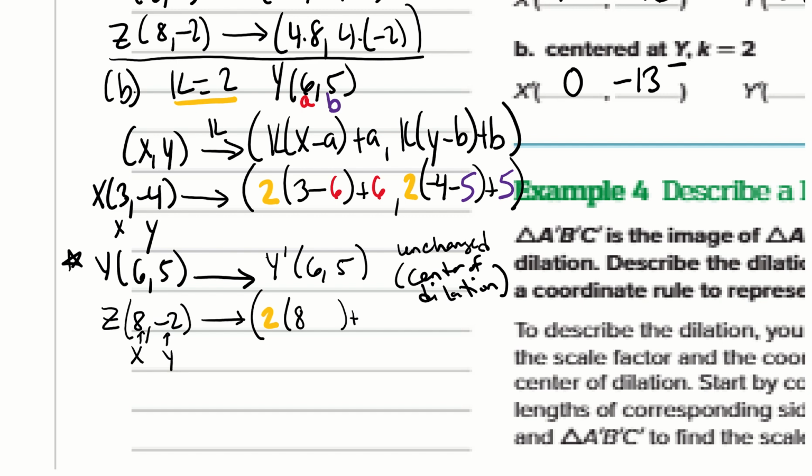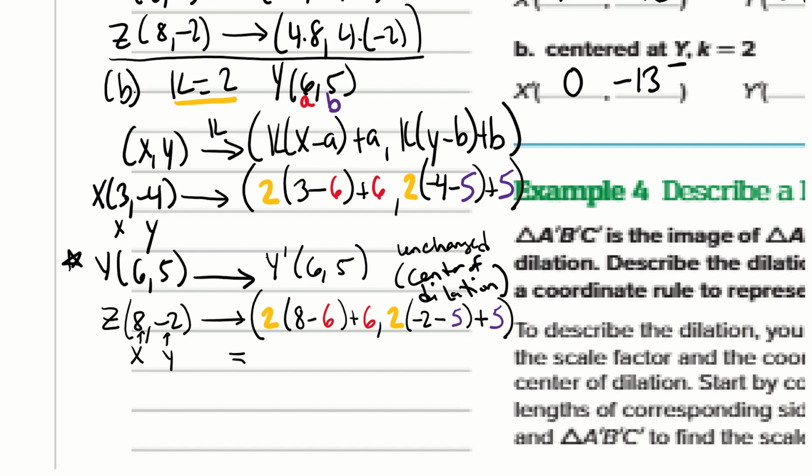So then x minus a: x minus a is 6, and a is 6 there. And then for the next one, we got 2 for k times y, which is negative 2, minus b, which is 5, plus 5.